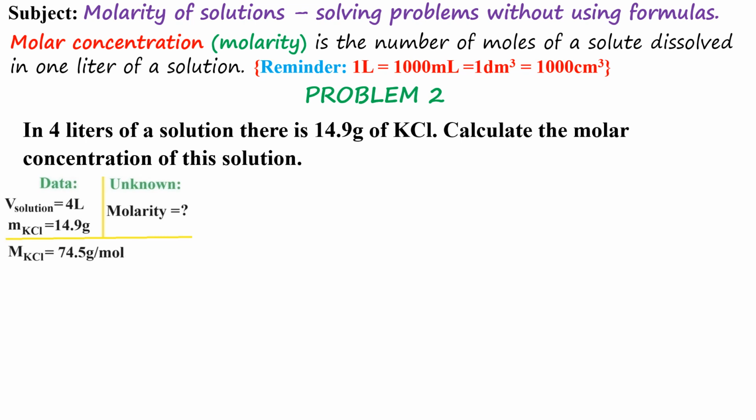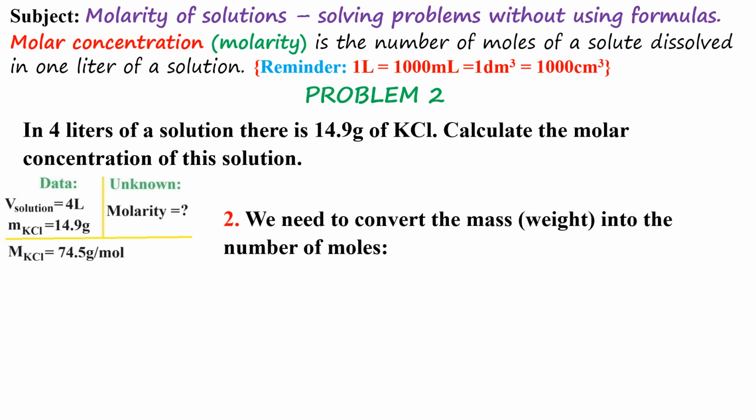I will write down the molar mass of the potassium chloride under the problem data for 2 reasons. First reason, I have limited space to present the next stages of solving the problem. Second reason, by writing it this way, we know clearly what information has been provided already and what still needs to be calculated.